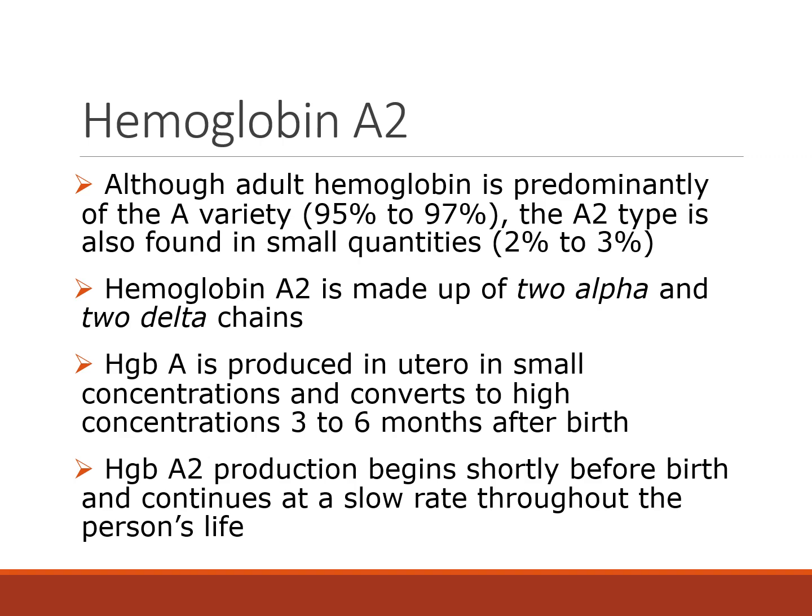I say 6 to 12 months based on the information that I understand, but it's just going to slowly decrease the fetal hemoglobin, and then you'll have higher concentrations of hemoglobin A. And then hemoglobin A2 production begins shortly after birth and continues at a slow rate throughout a person's life. Again, it's going to be a very small quantity, 2 to 3%.